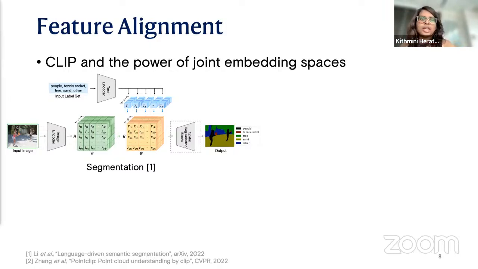You have your images and your corresponding text. Instead of just encoding the entire image, they encode each pixel of the image and then find the similarity between the text and each pixel's embedding. That way you can achieve the segmentation task.